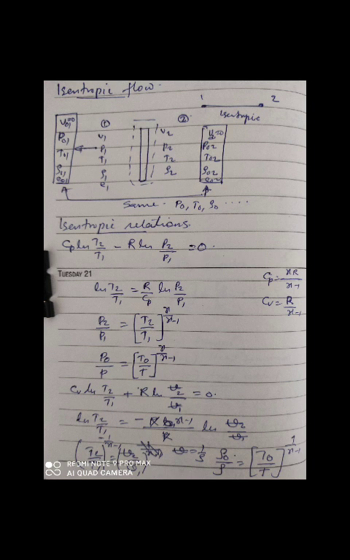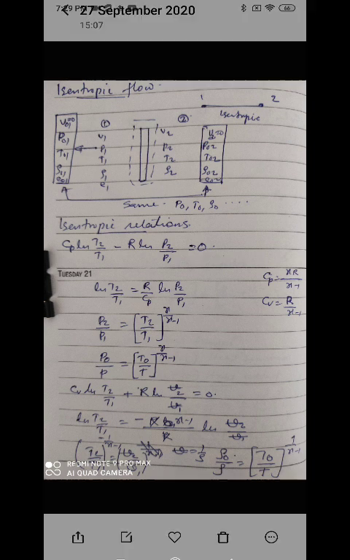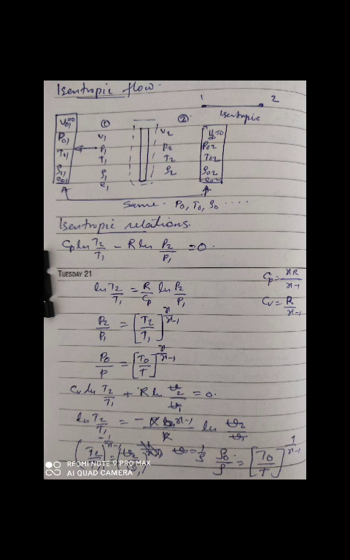Now another expression for entropy change is Cv ln T2 by T1 plus R ln V2 by V1, and for an isentropic process it will be equal to 0. Then we will get another expression, that is rho 0 by rho is equal to T0 by T raised to 1 by gamma minus 1. Okay, so you have to write all the steps in your notebook.